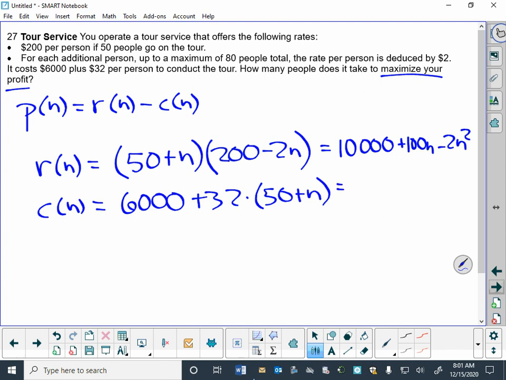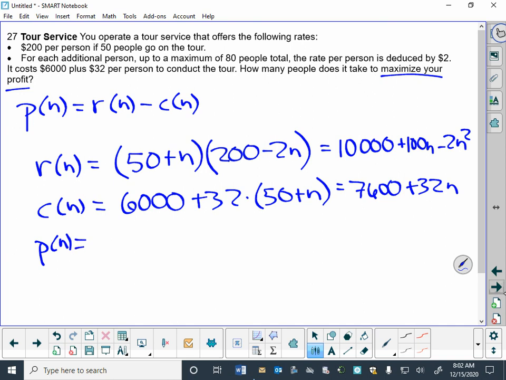This is going to be 32 times 50 is 1600, 16 times 100. 1600 onto that is going to be 7600 plus 32n.